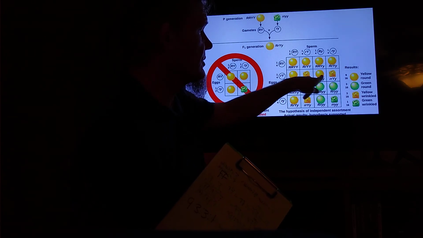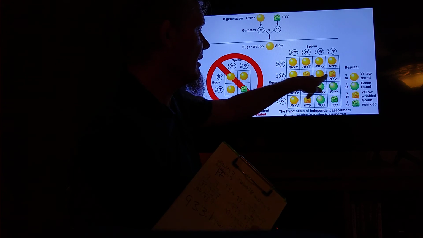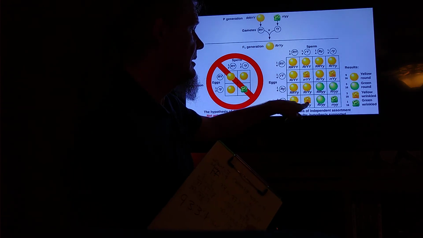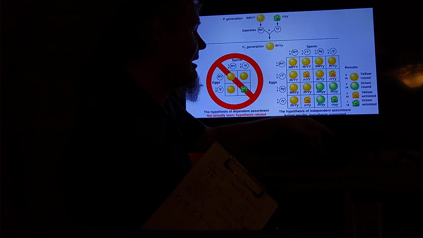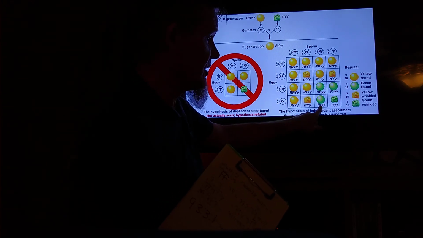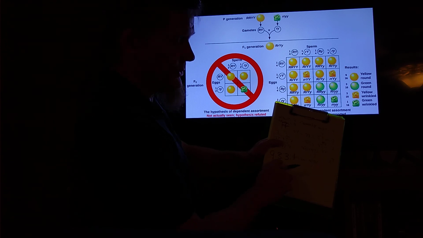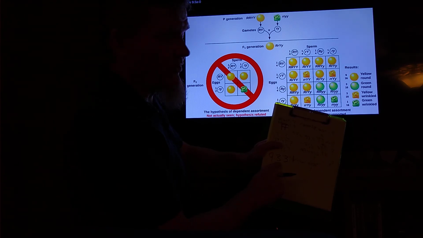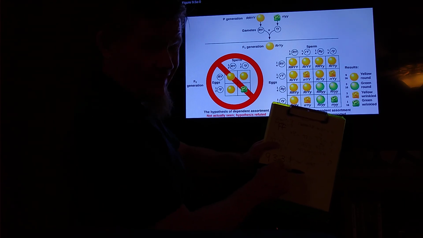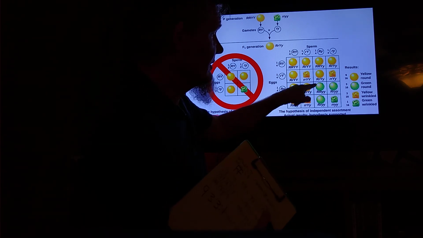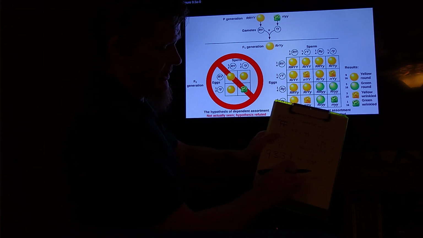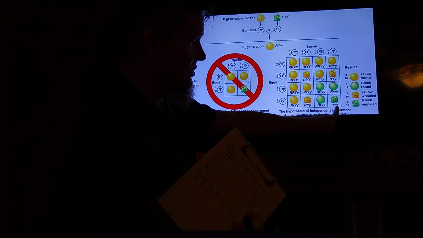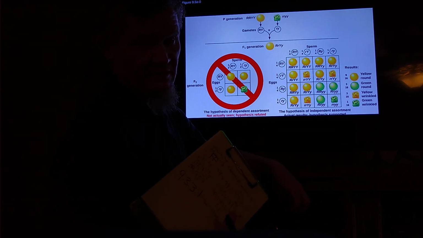All 3 of these are showing the dominant color of yellow, but they're showing the recessive shape of wrinkled. And these 3 show the opposite. These are inflated and green. Those are wrinkled and yellow. And only one is going to show both recessive traits.